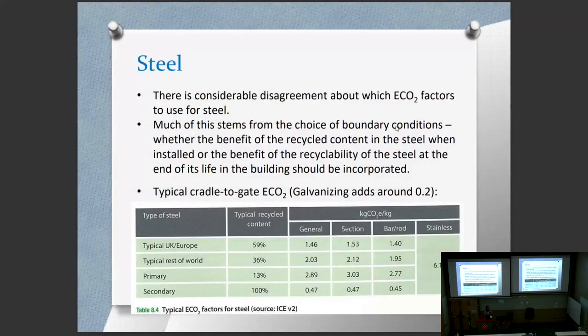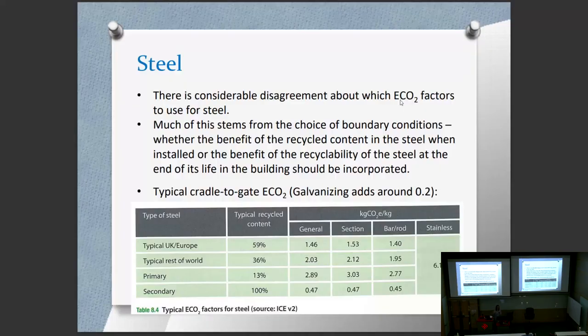There is considerable disagreement about which embodied carbon factors to use for steel. Here this ECO2, the E means embodied. Don't mix it up with carbon dioxide equivalent.